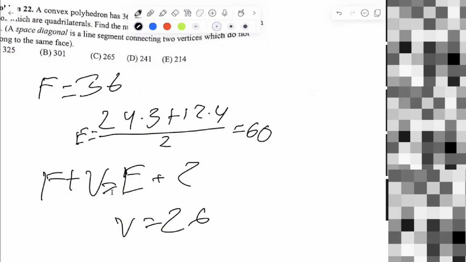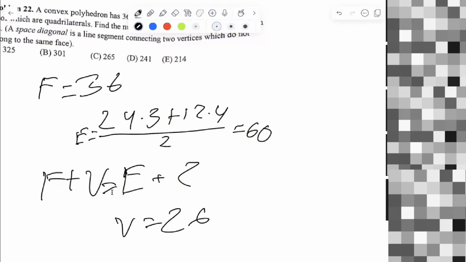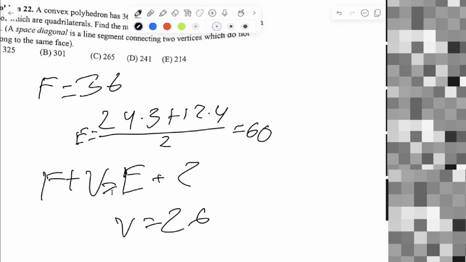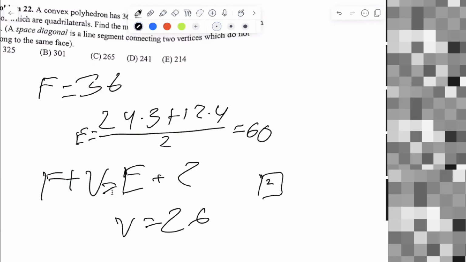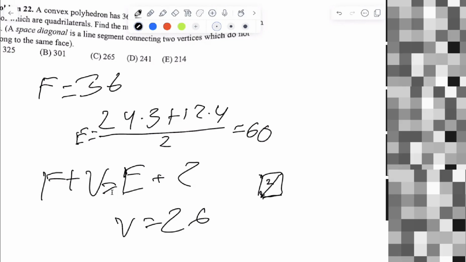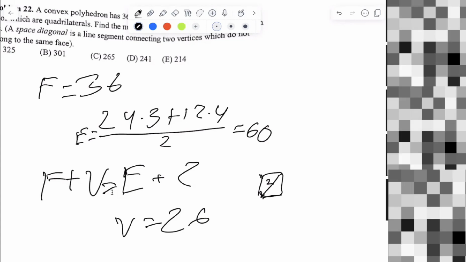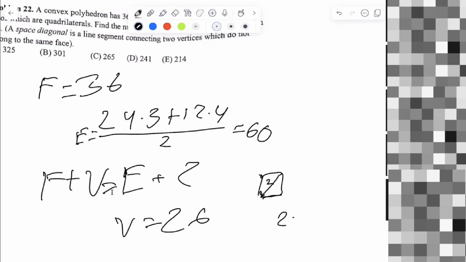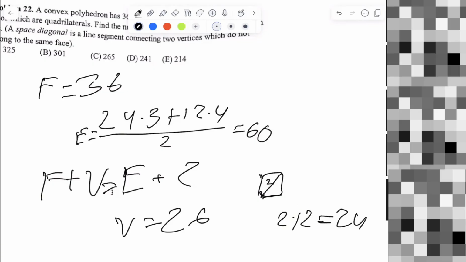Since each quadrilateral has two face diagonals, we get 2 times 12, since there are 12 quadrilaterals, so 24 face diagonals.